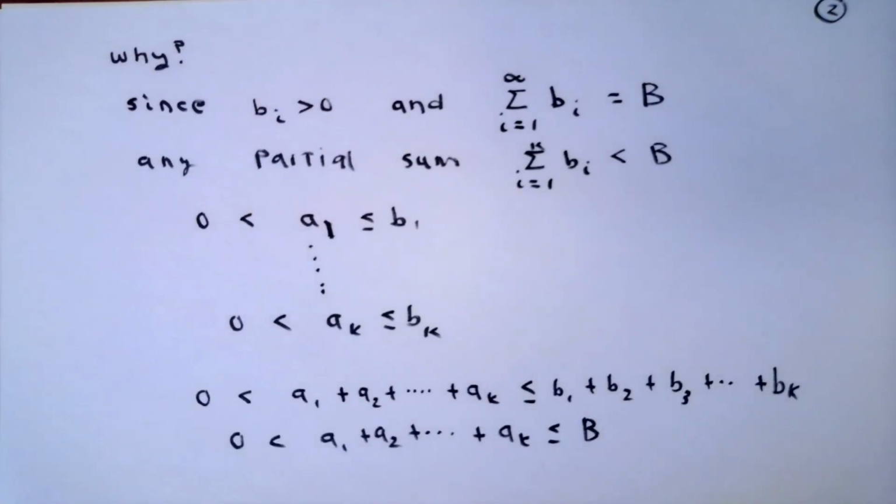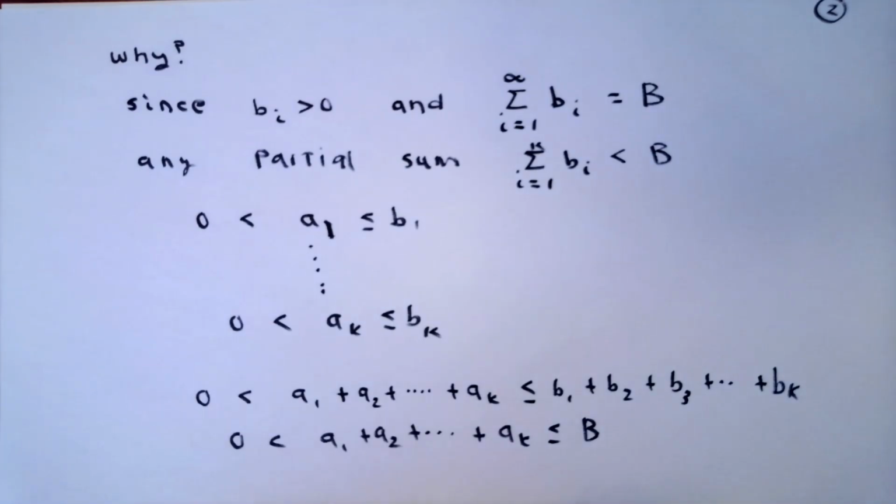This shows that the collection of partial sums of the a series is bounded. All such partial sums are at least zero, and none of them are larger than the corresponding partial sum of the b series, which in turn is less than B. On the other hand, if you were to add additional terms in the partial sum for the a series, those partial sums will increase because the a's are positive.